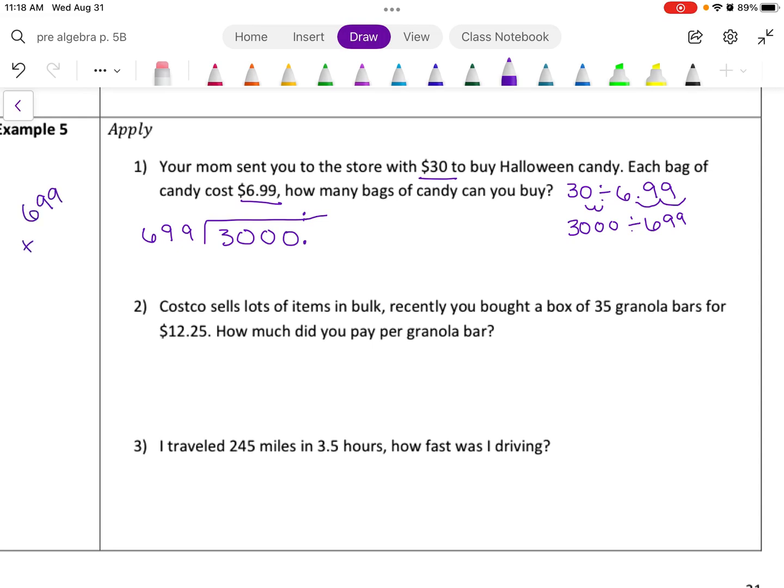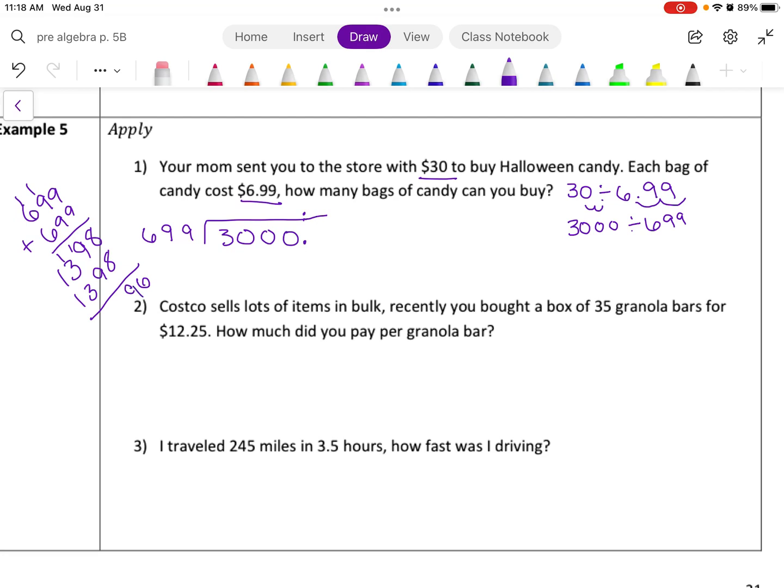All right, well, let's see, 699 plus 699 would be 1,398. I think we could double that and still be less than 3,000.